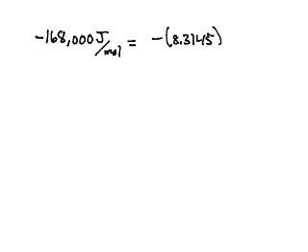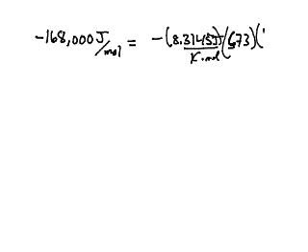What am I going to do? Negative 168,000 joules per mole is equal to negative 8.3145. That's R, right? That's in joules, because this is in joules per Kelvin mole. And then T is 573, right?